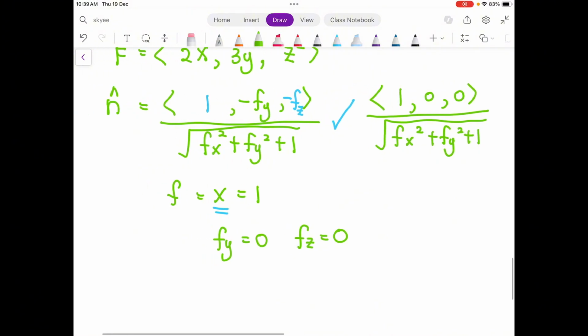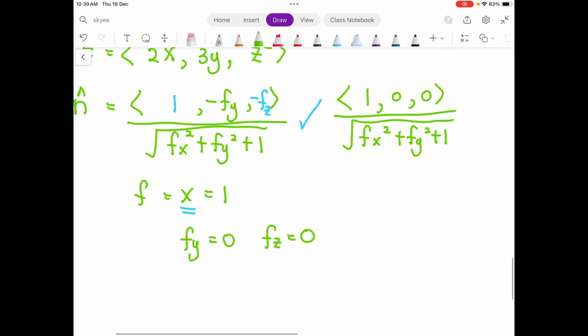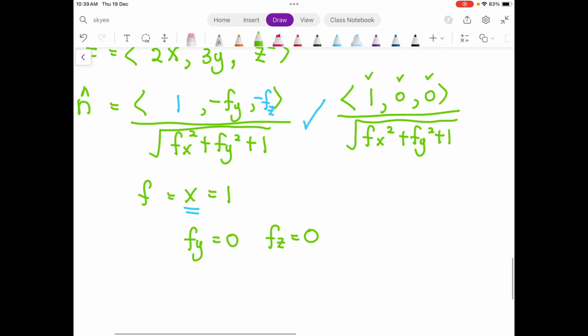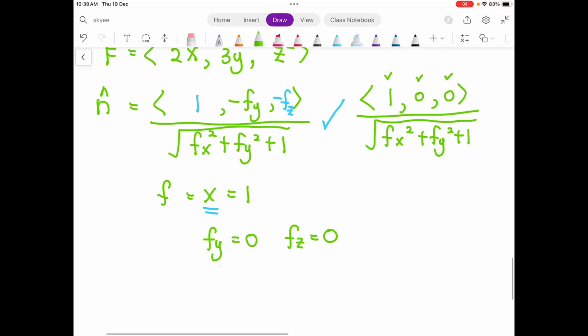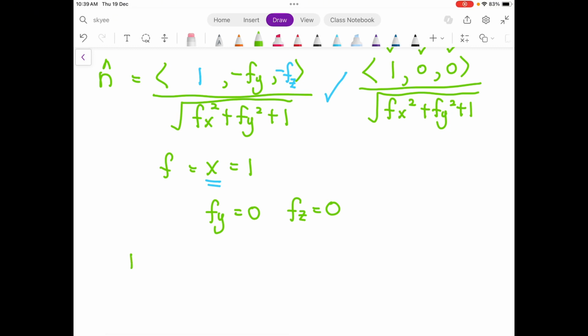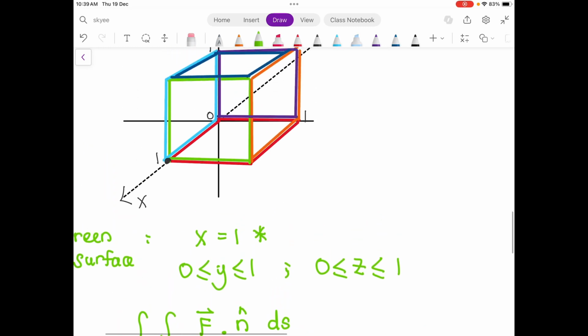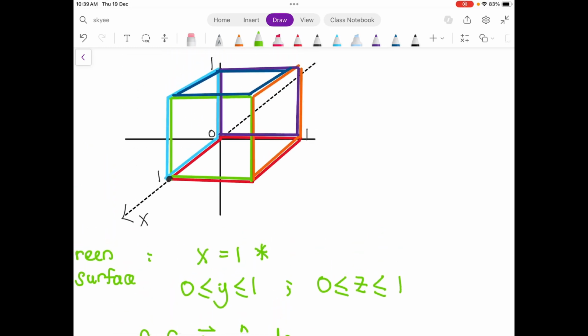This is telling us that if this one is 0 and this one is 0, only the i direction has the flux. So our flux will be in the i direction. It may be hard to imagine how the flux comes out from the solid.